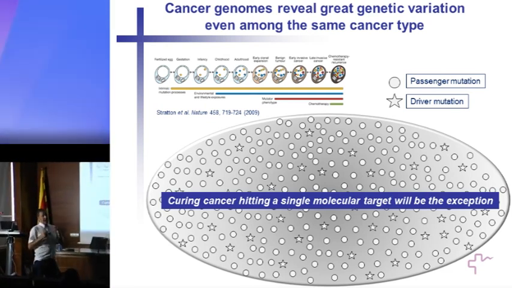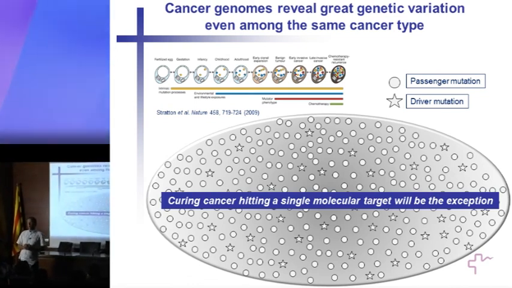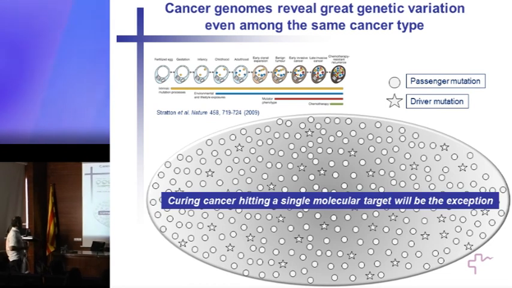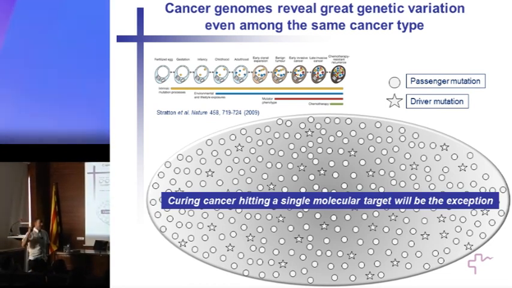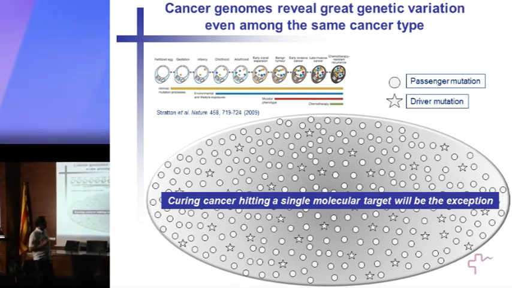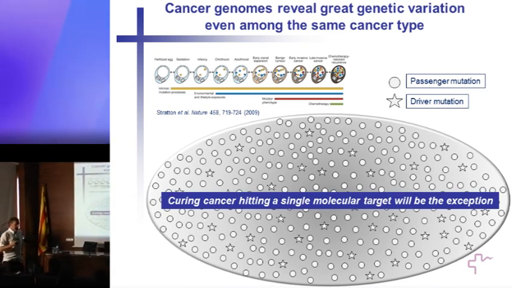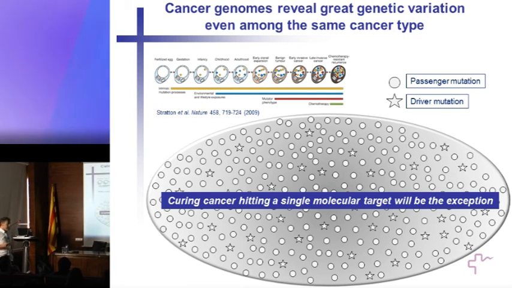This is kind of bad news from a therapeutic point of view, because it became clear that curing cancer by hitting a single molecular target will be the exception. It's possible, as has been demonstrated in the Gleevec case, but it seems that this will be the exception.